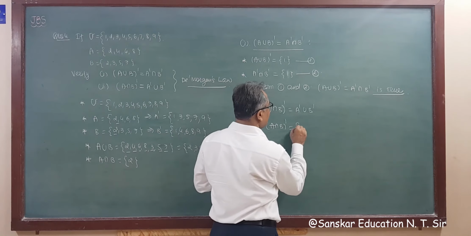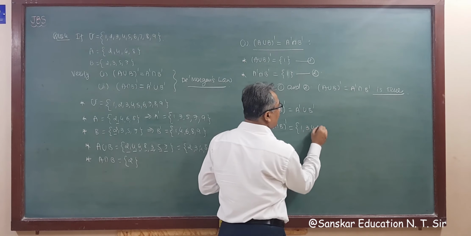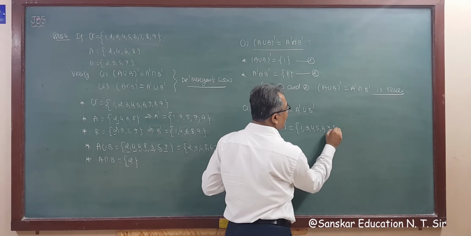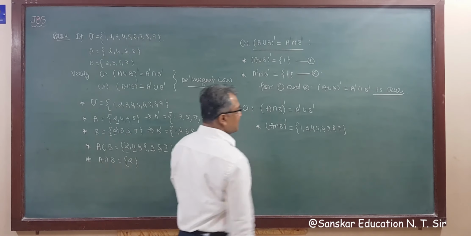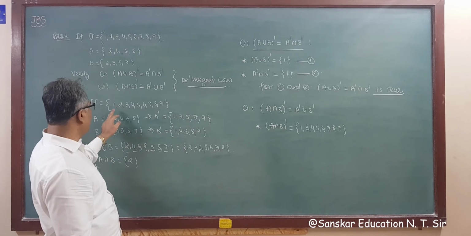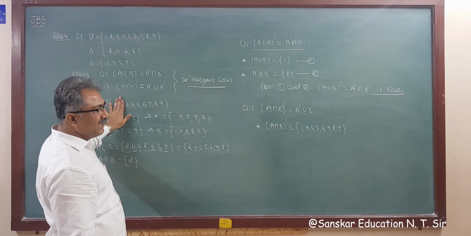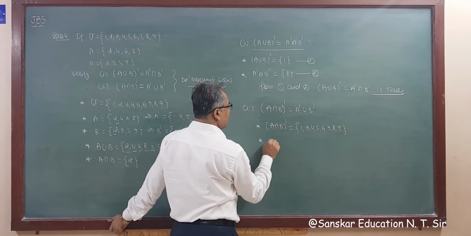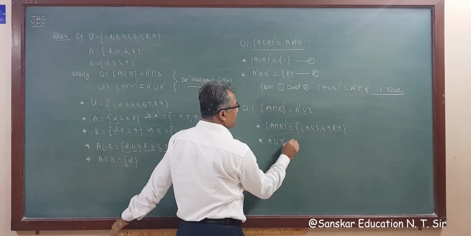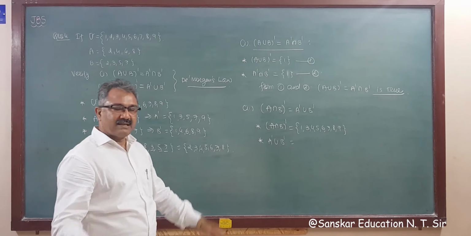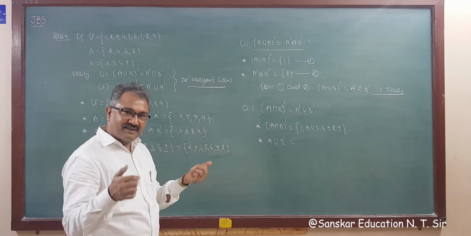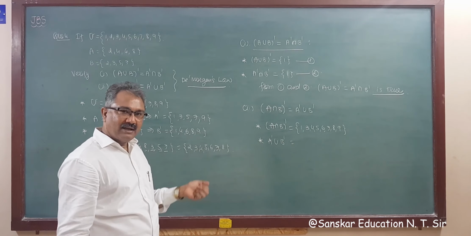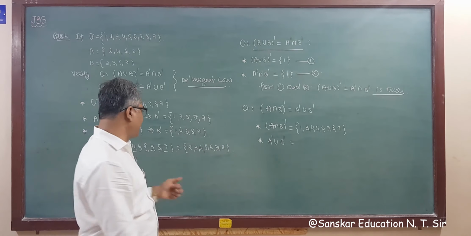So that means 1, 3, 4, 5, 6, 7, 8 and 9. These are the elements of A intersection B whole dash, all elements except 2. Right? Now A dash union B dash. Union means the set of all elements which are in A dash and B dash, right?